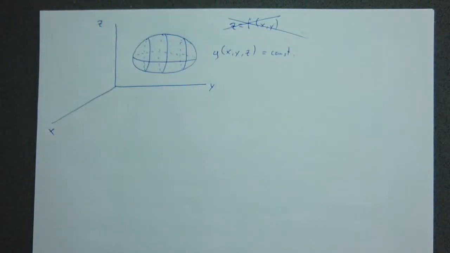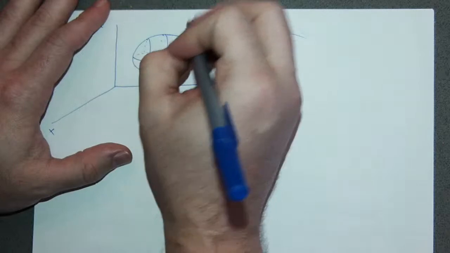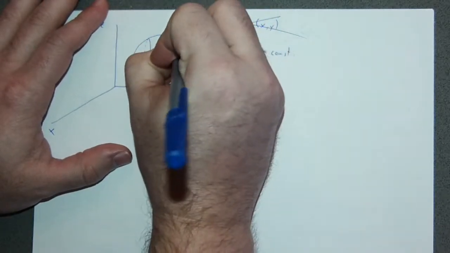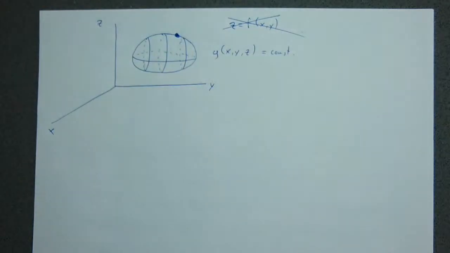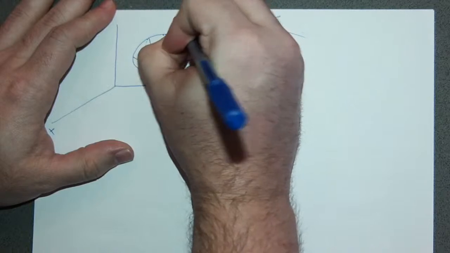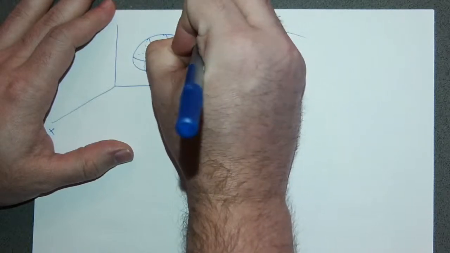Nevertheless, I want to discuss what happens at this point. This is some point in space, which I'll label x naught, y naught, z naught.